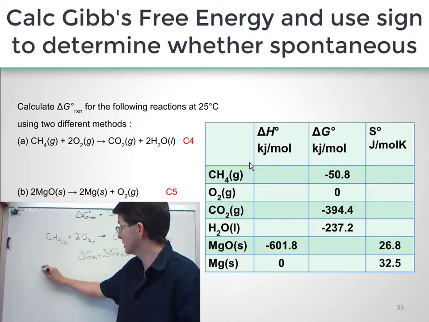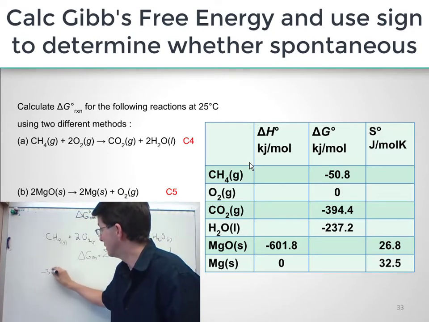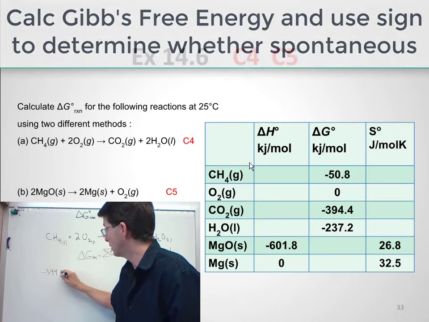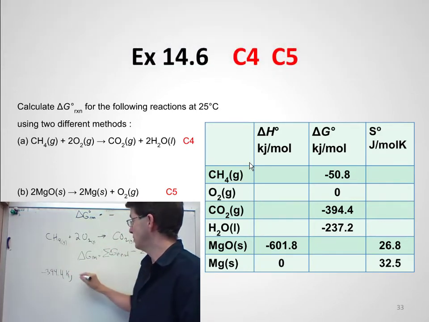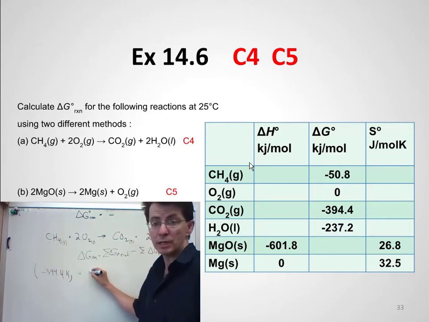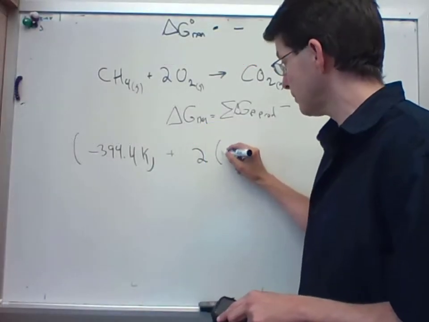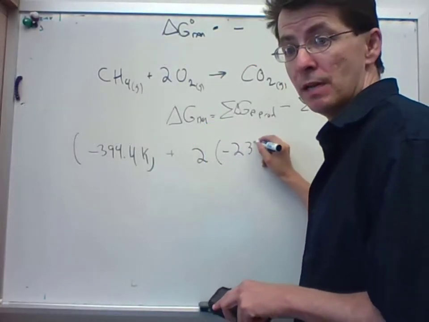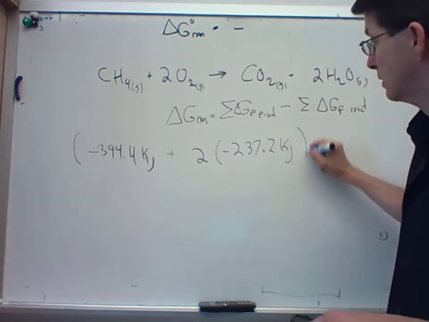So products minus reactants. We'll start with the CO2, negative 394.4 kilojoules for the CO2. Products minus reactants, the sum of the products: there are two waters, 2 times negative 237.2 kilojoules for the water.